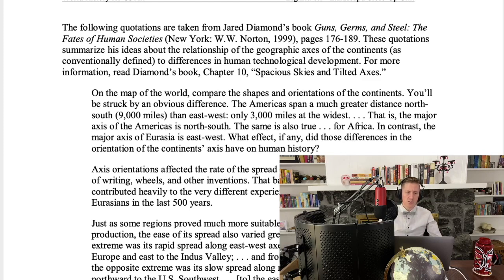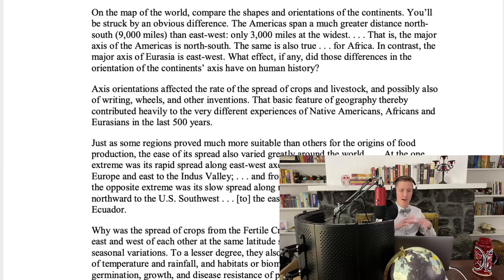These quotations summarize his ideas about the relationship of the geographic axis of the continents, as conventionally defined, to differences in human technological development. For more information, read Jared Diamond's book, Chapter 10, Spacious Skies and Tilted Axis. Okay, so that's the introduction, and here's the rest of his reading.